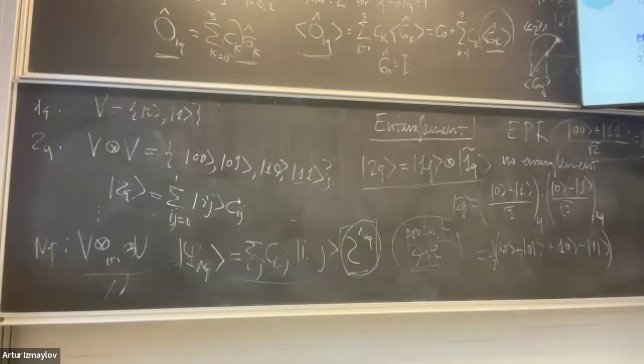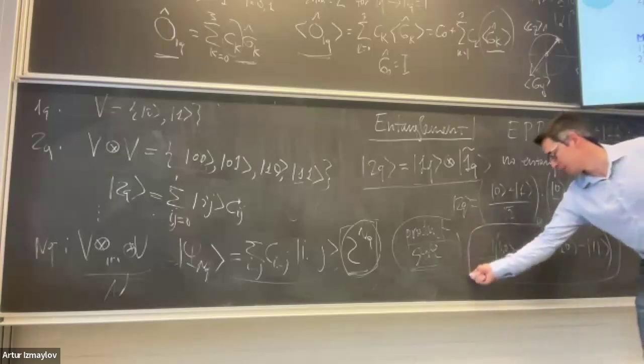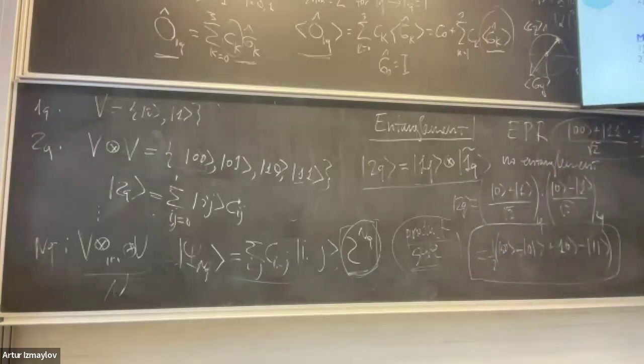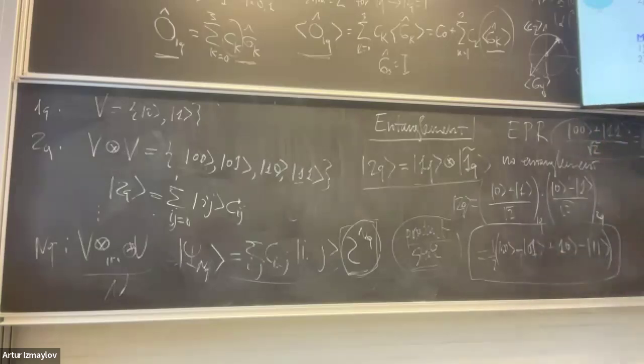So technically, if someone gives you this type of state, you may wonder, this looks like a state with entanglement, but we know where it came from. It came from the product state, therefore there is no entanglement.